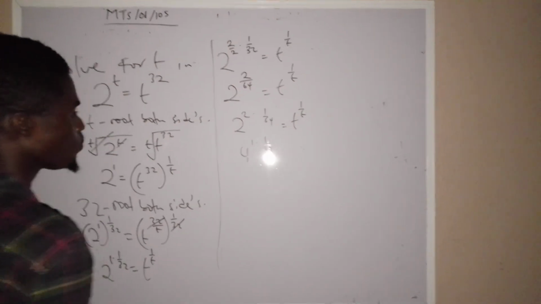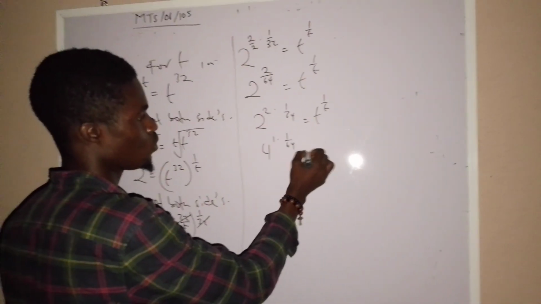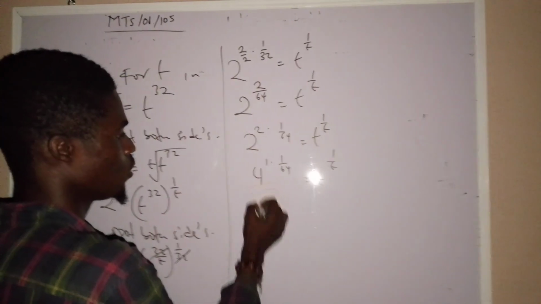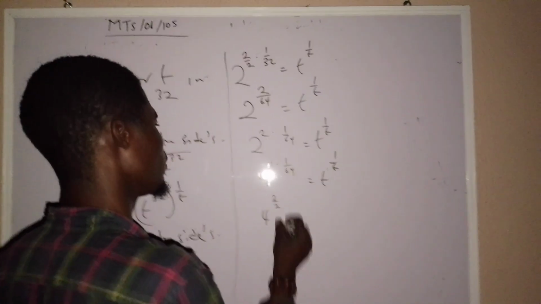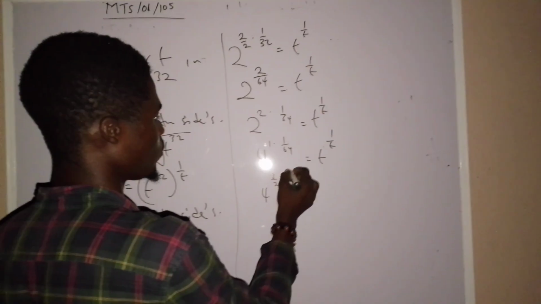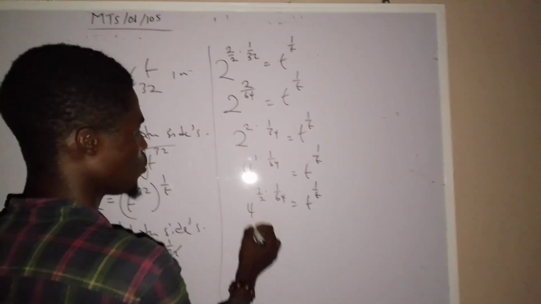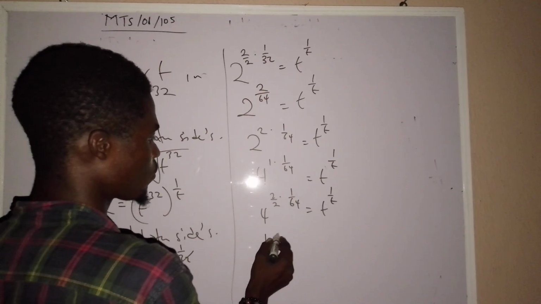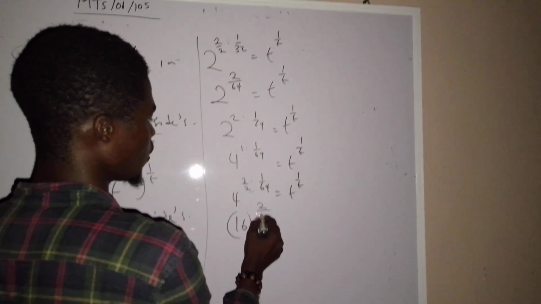Okay, so we are still going. Equals 2 raised to the power 1 over 3. So this is 2 divided by 2, 1 over 64 equals 2 raised to the power 1 over 3. So this is the same thing as 16 raised to the power 2 over 128.